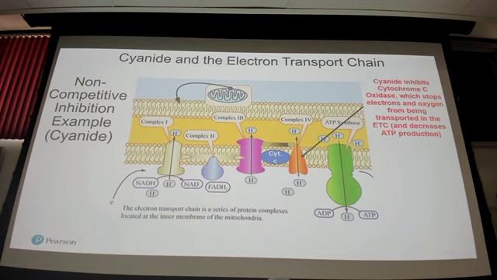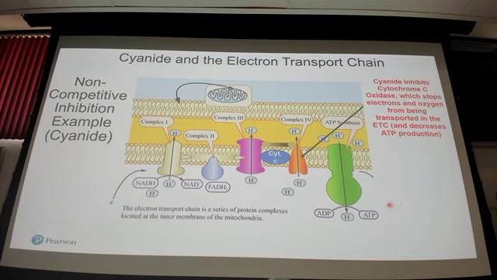Cyanide binds to an allosteric site on cytochrome C oxidase, and so what that does is that electrons still can bind, but the reaction is going to stop because the conformation is changed. And so that is the takeaway message.